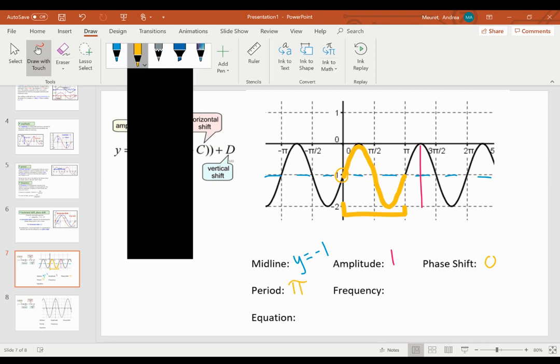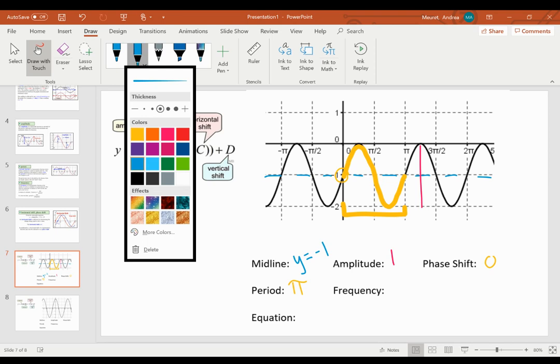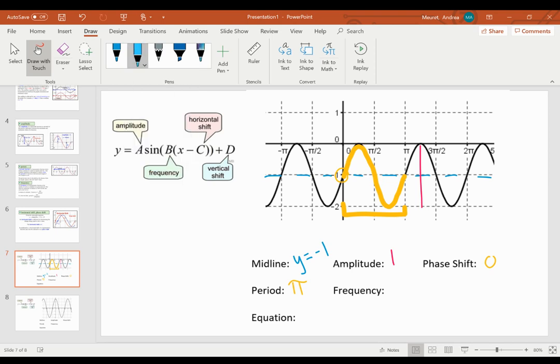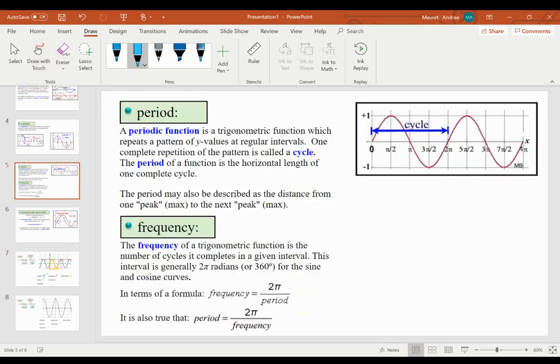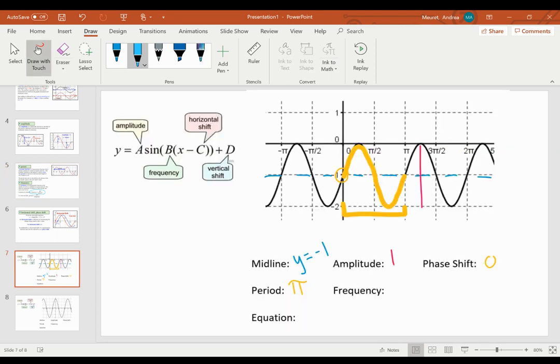Then when we find the frequency, if you look back at your notes on frequency, it says 2 pi divided by the period. So for this function, 2 pi divided by the period, which is pi, is equal to 2.